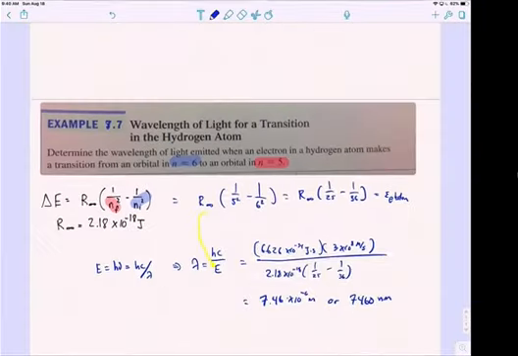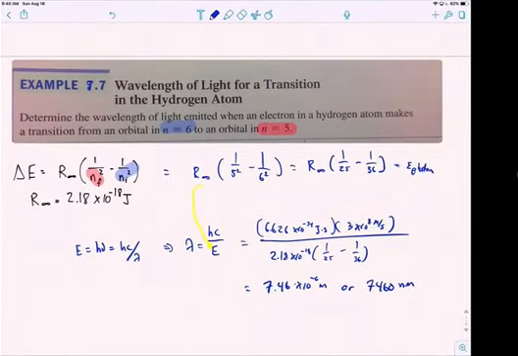We first start off by calculating what that energy change is for the electron. Going from 6 to 5, it's going to lose this much energy.